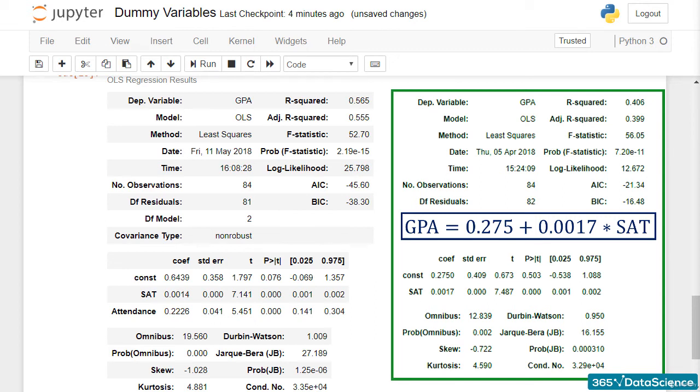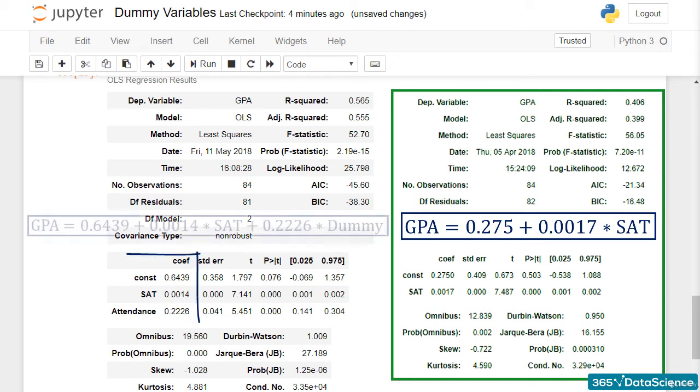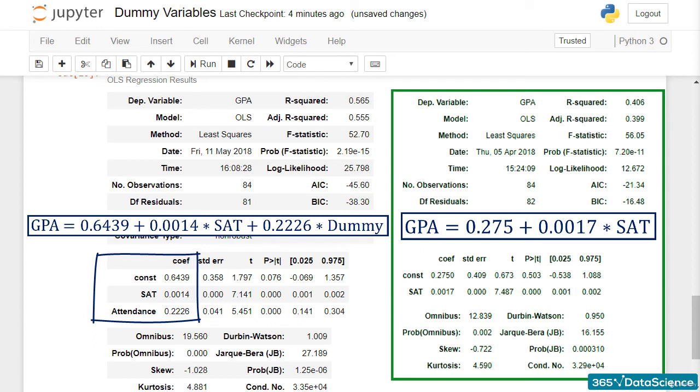The model, including the dummy variable, is GPA equals 0.6439 plus 0.0014 times the SAT score of a student plus 0.2226 times the dummy.